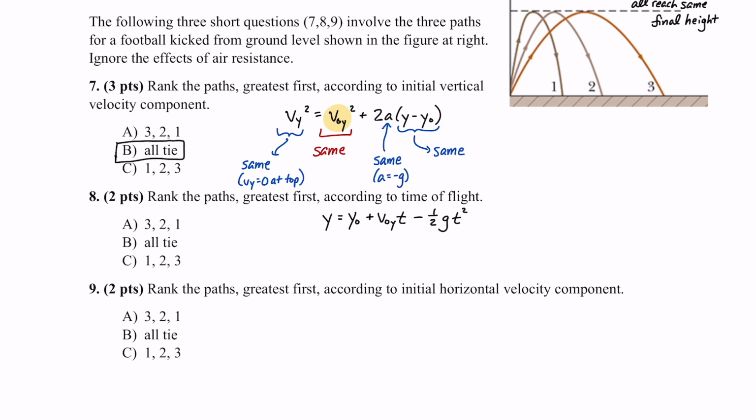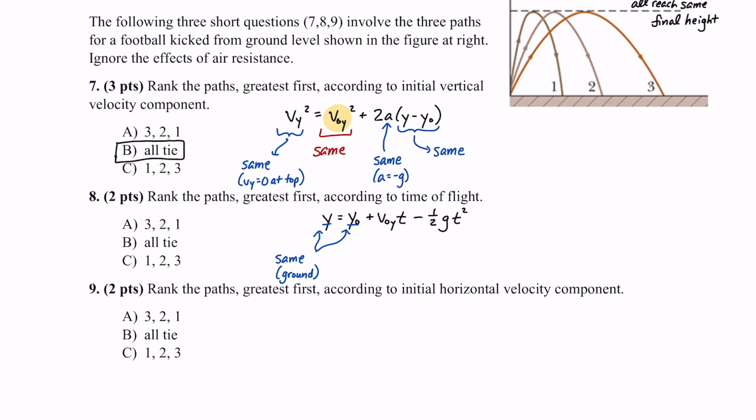Using the same strategy, let's look at what are the same across all three paths. Again, our heights are going to be the same because all objects start from the ground and all objects end at the ground. So these two terms are going to be the same because all objects start and end at the ground.